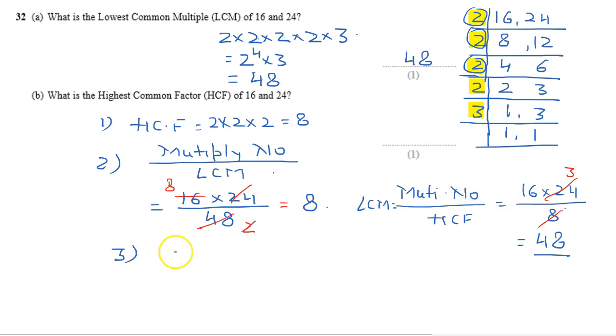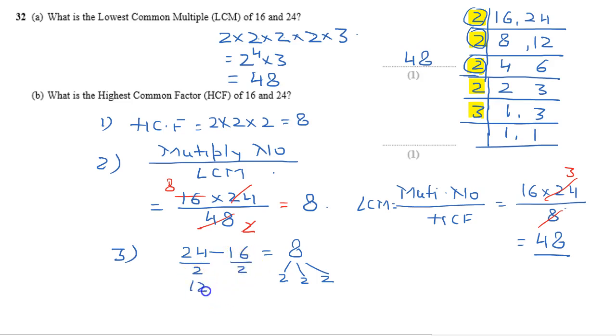Now there's another method to find HCF. So HCF of 16 and 24. We subtract the numbers, 24 minus 16, that is 8. Now this 8 is the highest number which can be the HCF, but let's try. We have 3 factors of 8. 2 multiply 2 multiply 2 is 8. We divide by 2.